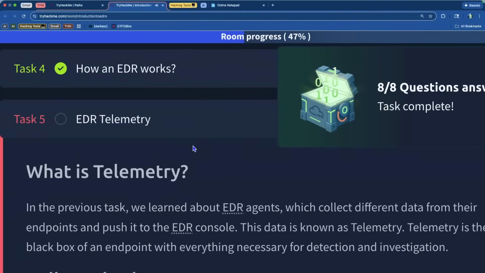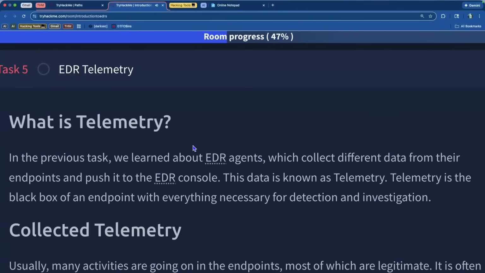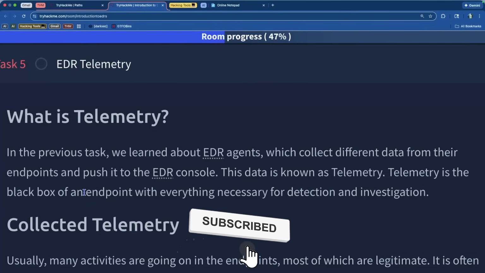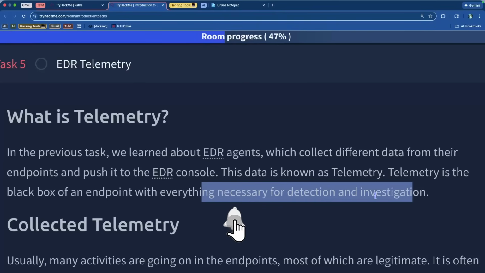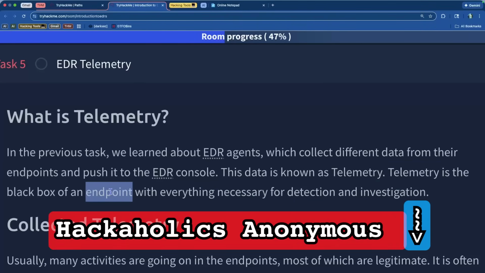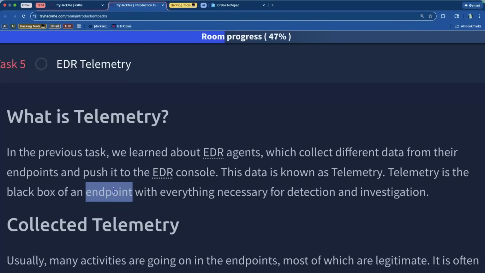Now we've talked about the word telemetry several times. What is telemetry? In a quick sentence, telemetry is the black box of the endpoint with everything necessary for detection and investigation. This is the data coming from the endpoint with everything necessary for the EDR tool to process and do its detection and investigation.